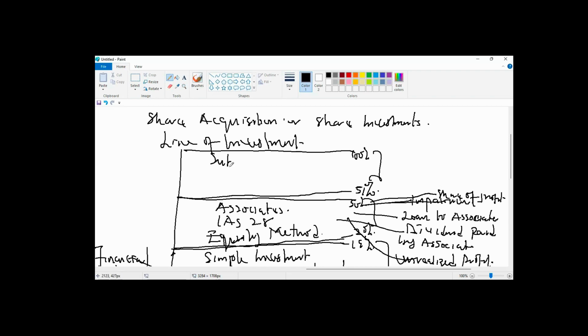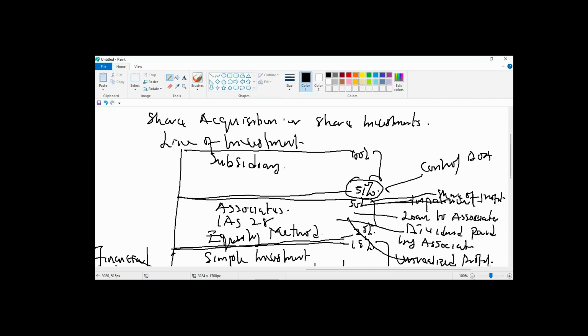Subsidiary. Why? Because I have control. Also start from 51%. The day I have control is the date of acquisition. And the day I lose control, date of disposal. Then DOC, date of consolidation.